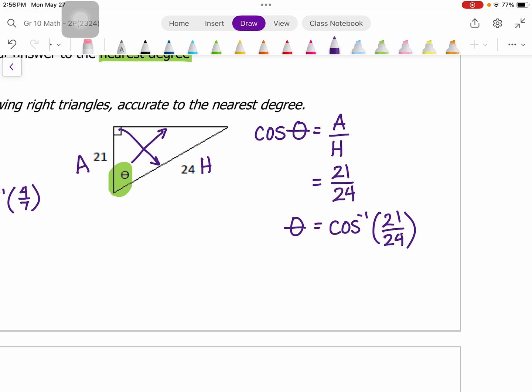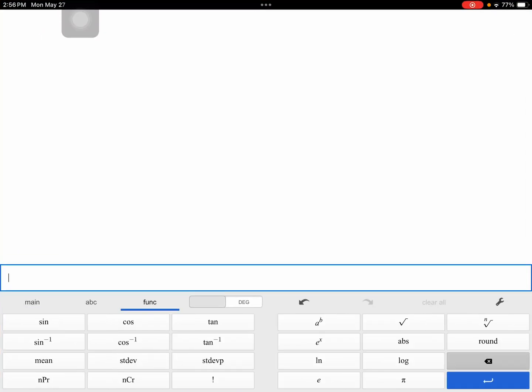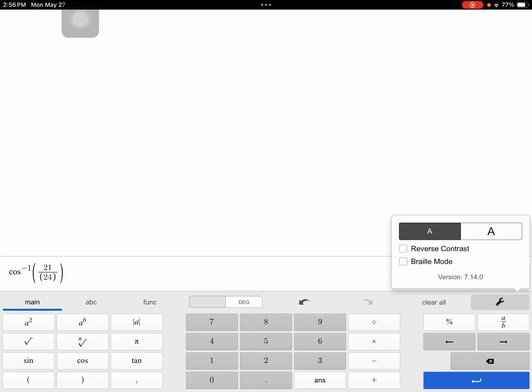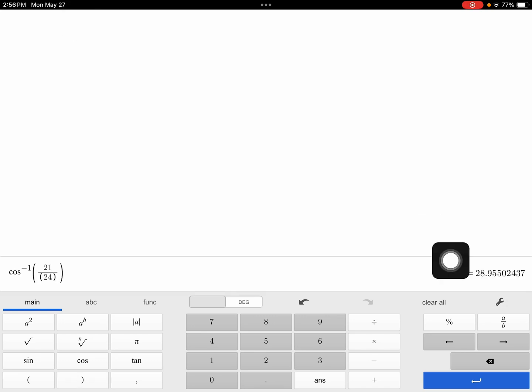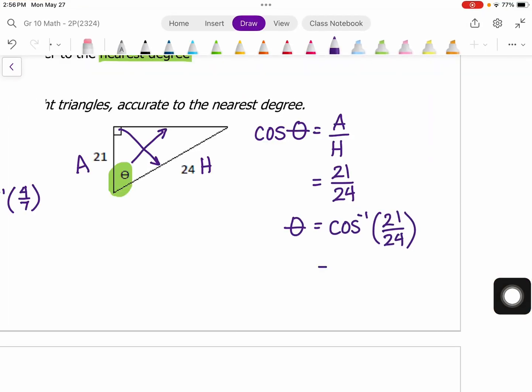So I need inverse cosine of 21 divided by 24, and that is equal to 28.955, which is closer to 29 degrees. As I round to a whole number, theta here is equal to 29 degrees.